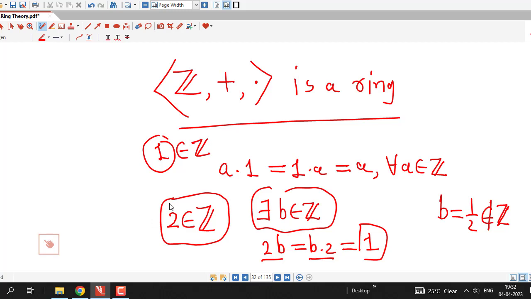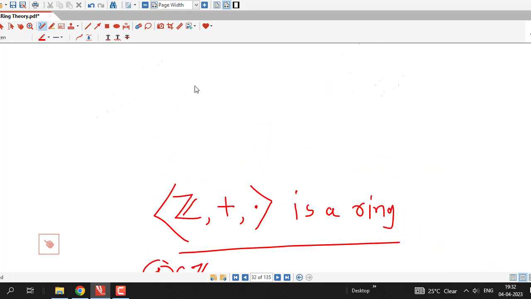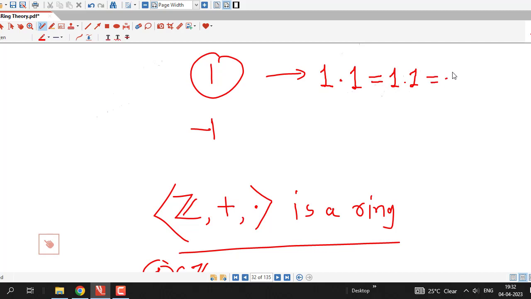So we can say that non-zero elements of the set of integers do not have an inverse with respect to the multiplication operation. Only the two elements 1 and minus 1 have inverses, because 1 into 1 equal to 1 into 1, that is 1.